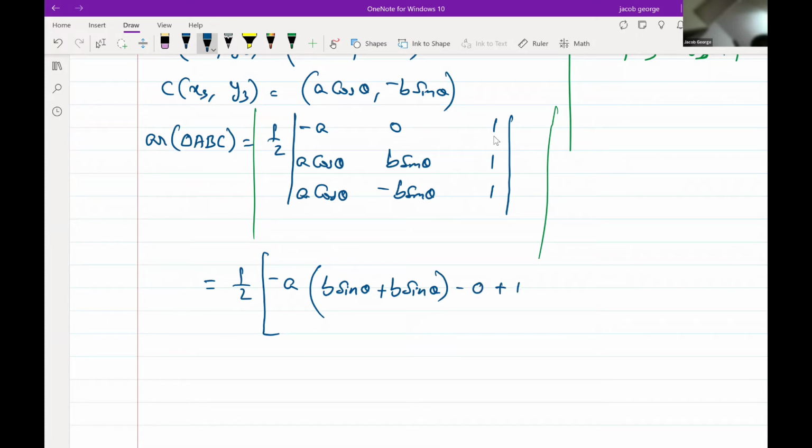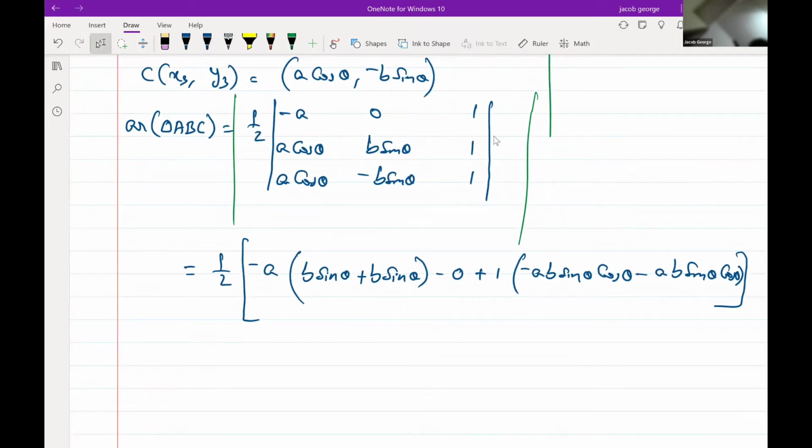Then plus 1 into, remove the first row and the last column, then it will be minus ab sin theta cos theta, minus ab sin theta cos theta. So this is the simplification. It will be under the whole modulus because this quantity cannot be negative.